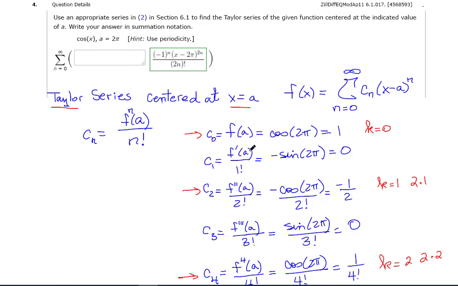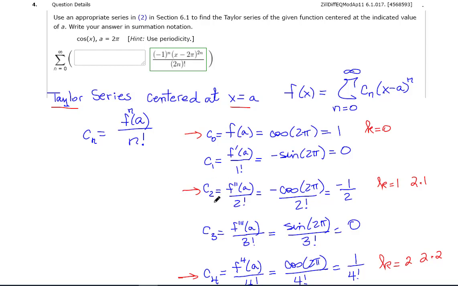I look at the first derivative. First derivative of cosine is minus sine. But anytime I'm going to get a sine term, the sine of 2 pi is 0. That's why they say use the periodicity of the process to kind of know what's going on.